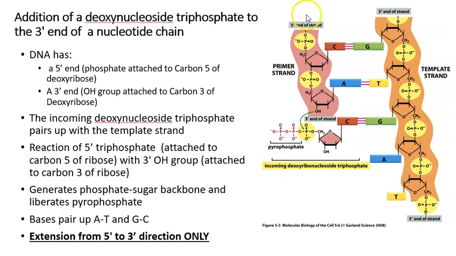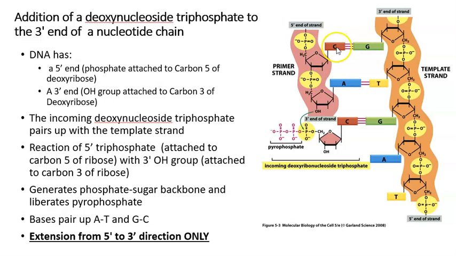Now DNA has two ends to it, and I will repeat this time and time again. It has a 5' end and a 3' end. Now the 5' end of DNA is named because if we look at the structure of an individual nucleotide, this is a deoxyribose, 5-carbon sugar.